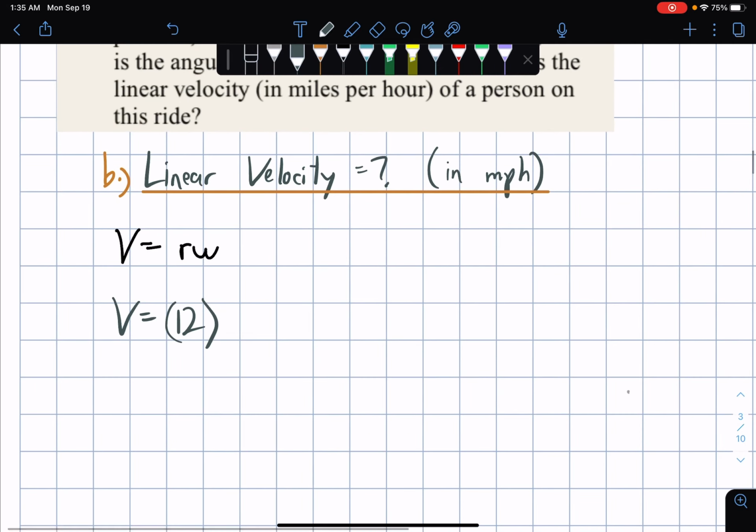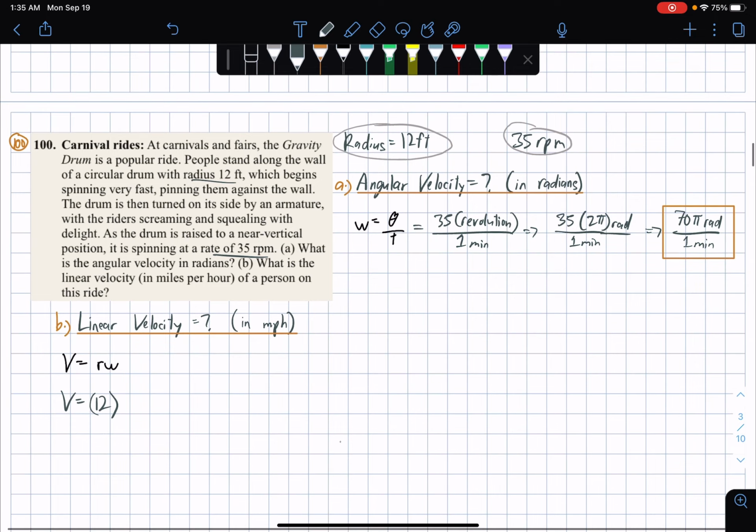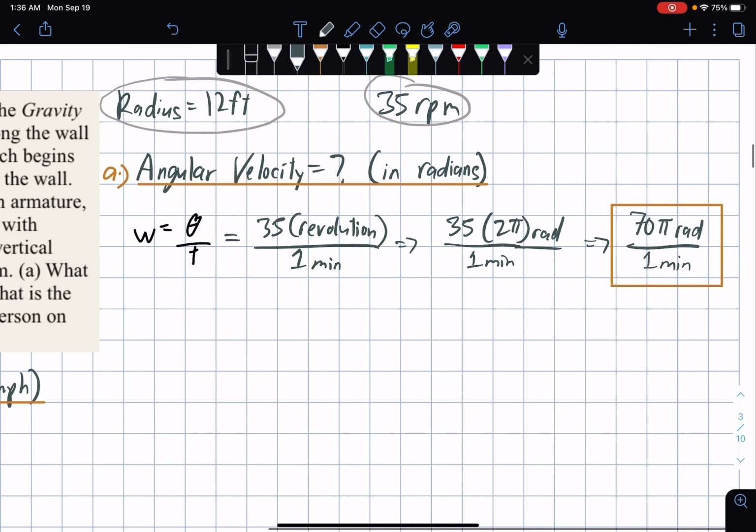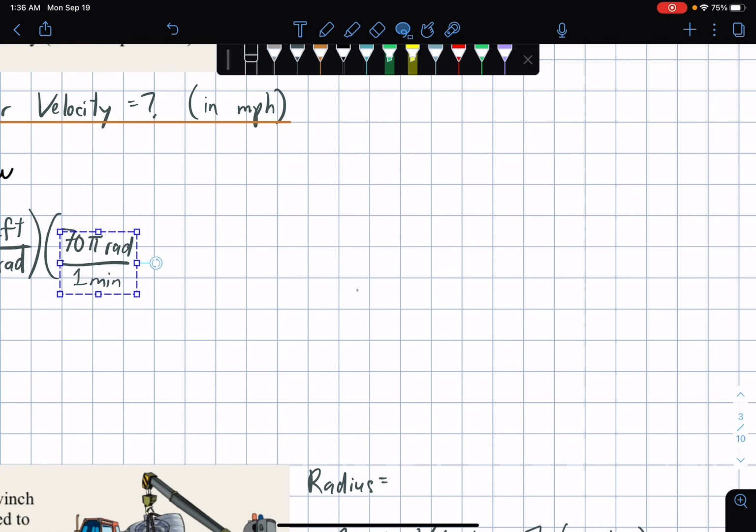Wait, I think we have to label the units. For radius, we have 12 feet over 1 rad. Every radius has an over 1 rad value as their denominator. For the angular velocity, let's just copy paste it. There you go.